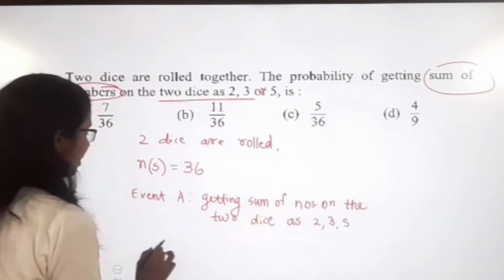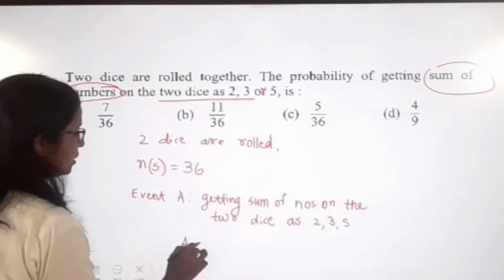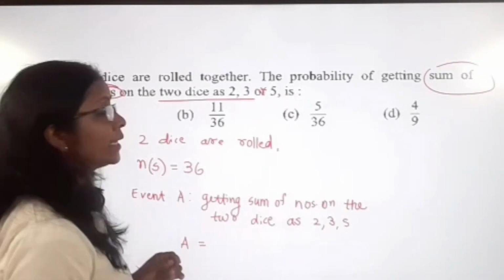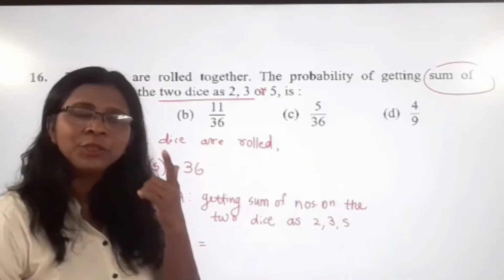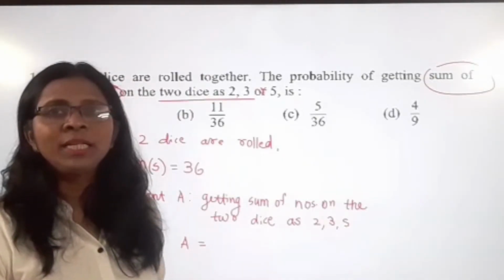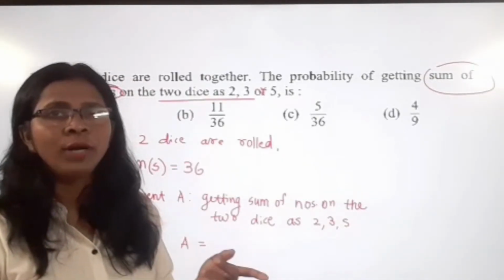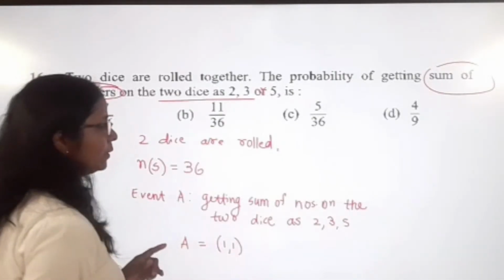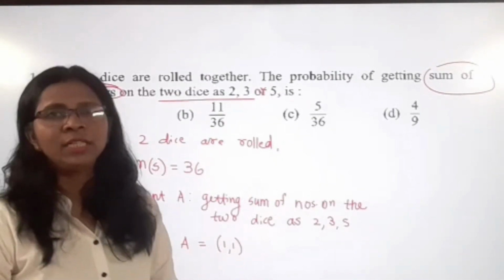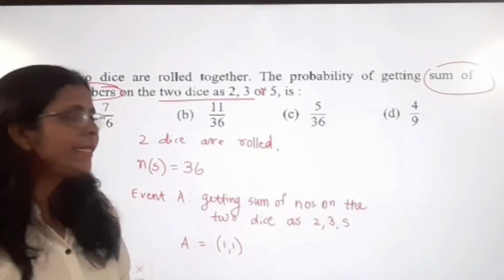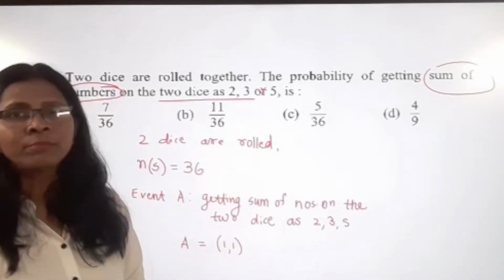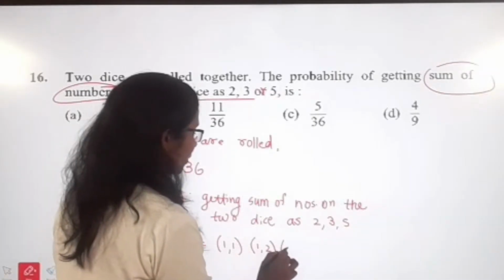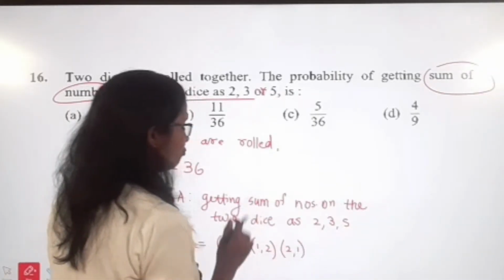So that means here students, A is equal to, then addition will be 2. The possibility in the case of 1, 1 is the only one possibility. Then the possibilities of getting the sum 3, that means here 1, 2 and 2, 1.